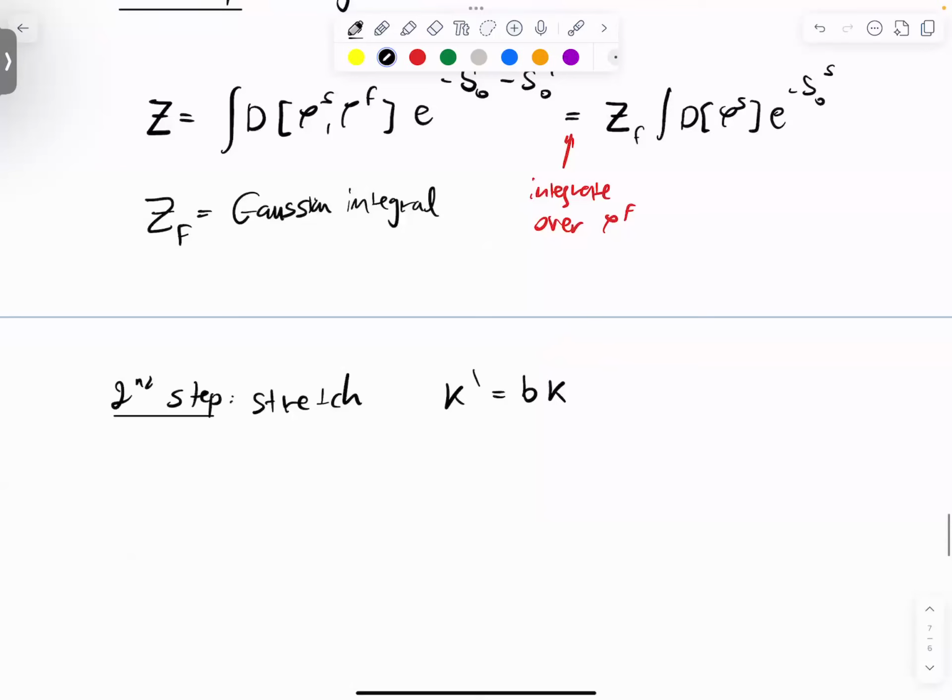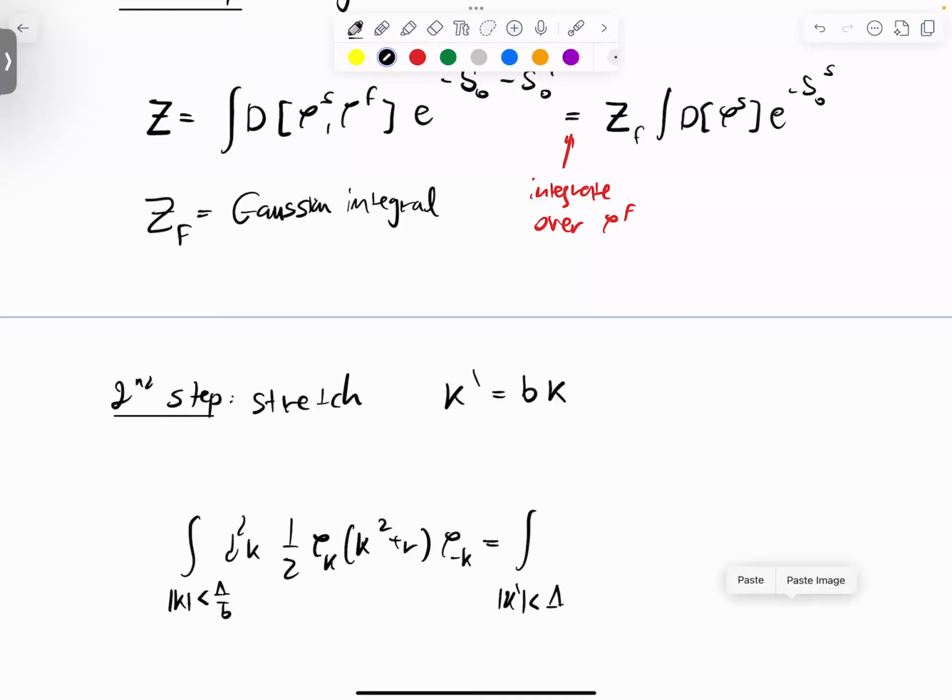Okay, and that means that if I have a theory which is k smaller than lambda over b, d^d k 1/2 phi of k, k squared plus r phi of minus k, then this is equal to k prime smaller than lambda.